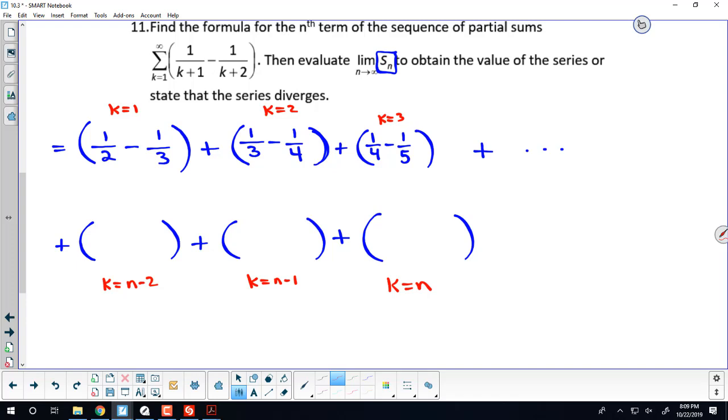All right, when k is n minus 2, what is our term? 1 over n minus 2 plus 1, which is 1 over n minus 1, yep, minus 1 over n.